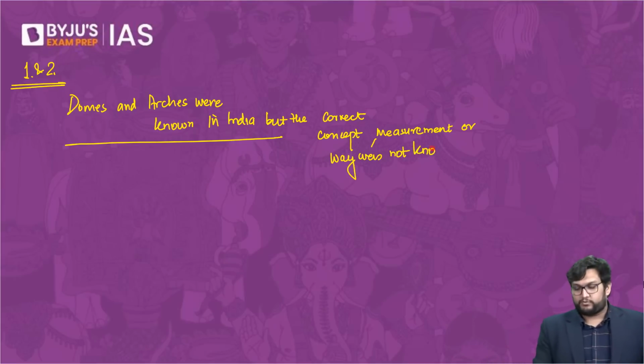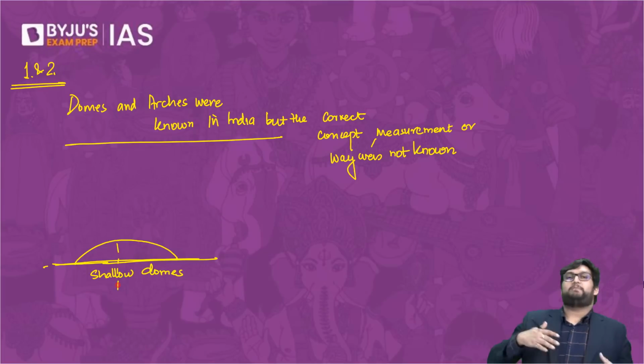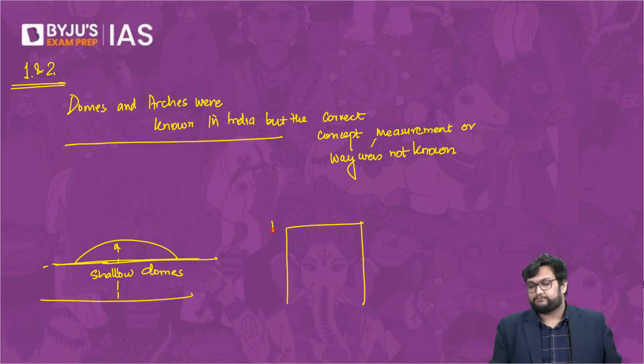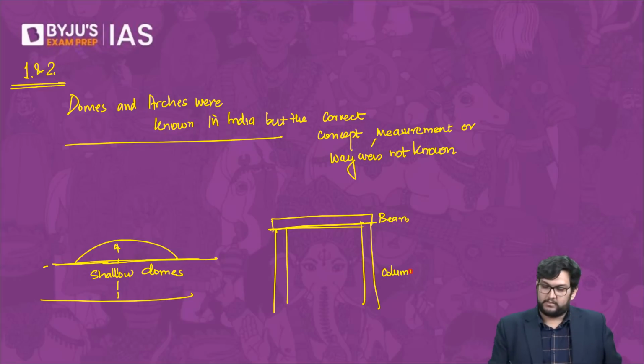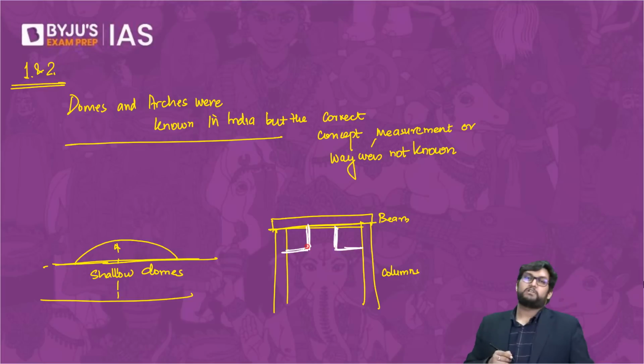Meaning, we used to make domes, but they're called shallow domes. Meaning, they are very shallow. They're not very big. And when we used to make an arch, we basically used to add a beam here, then used to have columns, and then we used to stick 2 pieces of stone so as to create an illusion that it is an arch.